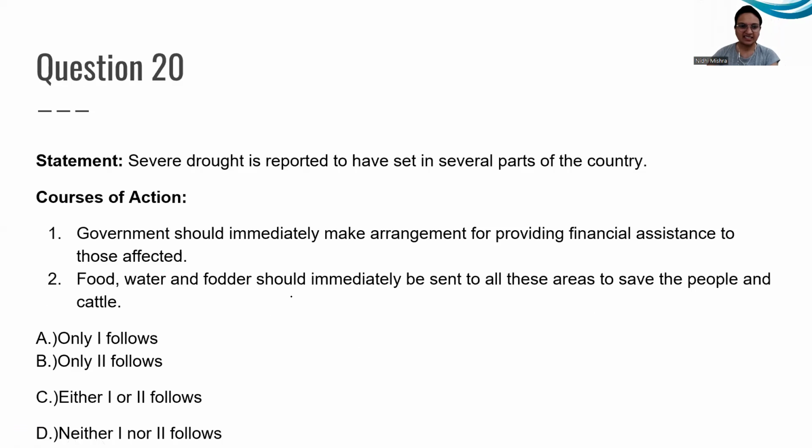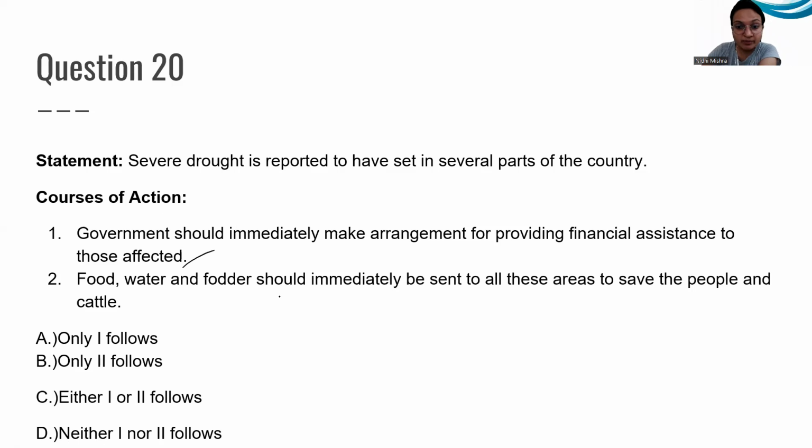Correct? Yes. Now, severe drought is reported to have set in several parts of the country. So, in these several parts of the country, there is a severe drought. Courses of action. Government should immediately take arrangement for providing financial assistance to those affected.